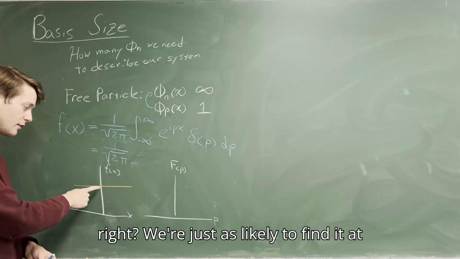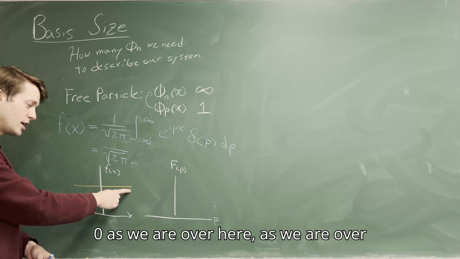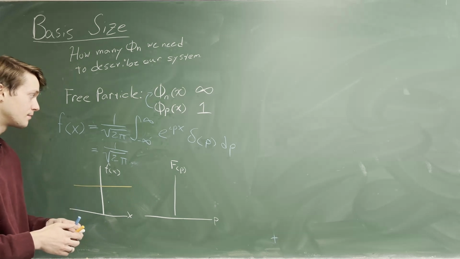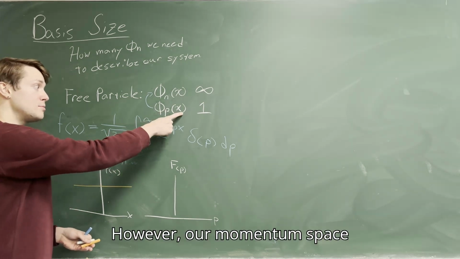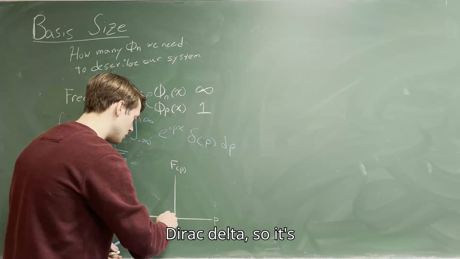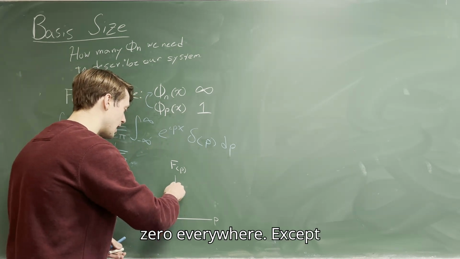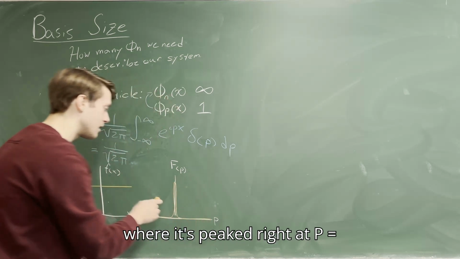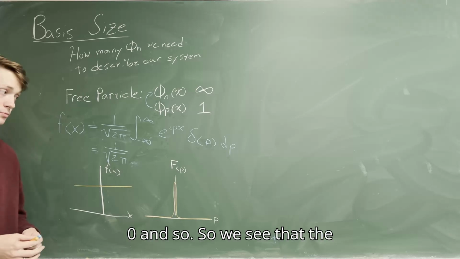We're just as likely to find it at 0 as we are over here, as we are over here. Everything is flat. However, our momentum space representation was a Dirac delta. So it's 0 everywhere except where it's peaked, right at p equals 0.